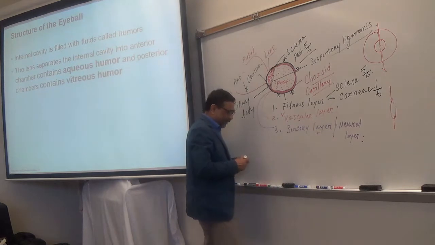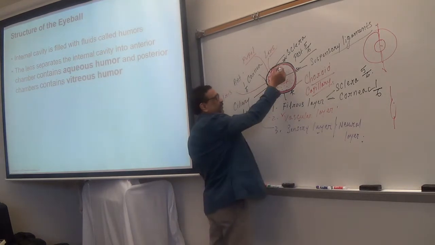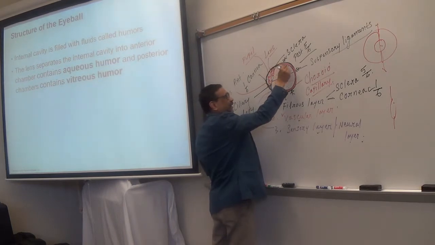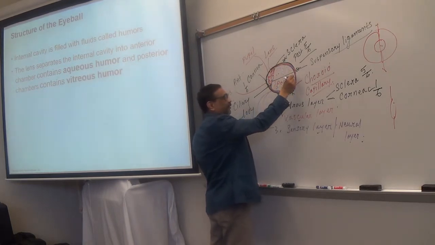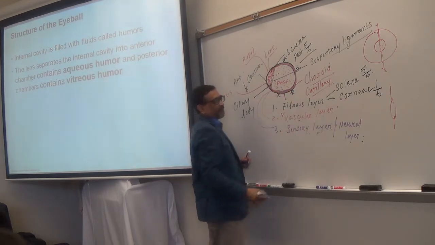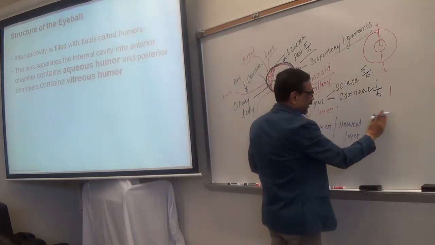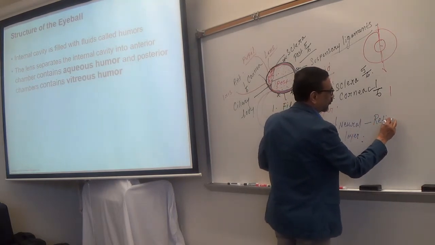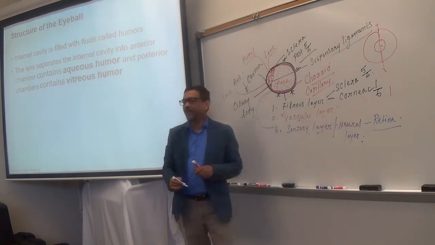Number two, this is very important. You know that this sensory neural layer is the innermost layer, which is actually this one. Remember, this is very important. This layer is actually the retina of the eye, innermost.